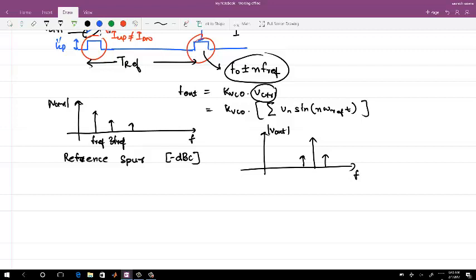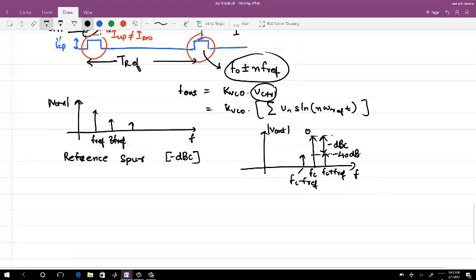So let's say this is F carrier, this is F carrier plus F ref, and this one is F carrier minus F ref. Reference spurs are normally quantified in how many dBc with respect to the carrier. So if this is 0 dB, this one can be, let's say, minus 40 dBc, which means the reference spur is 1/100th of the carrier tone.